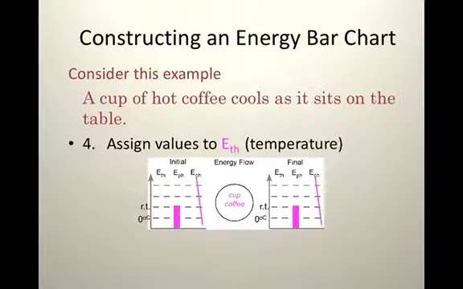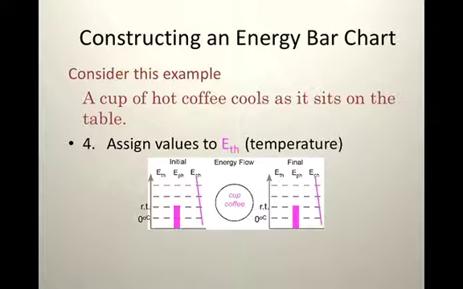Okay, now we'll talk about thermal energy. Well, it starts as a hot cup of coffee. And you'll notice that the first line in the initial and final phases, we like to think of as 0 degrees Celsius, the freezing point of water, and 2 bars as being room temperature. Then 3 or 4 bars would be obviously warmer and hotter.